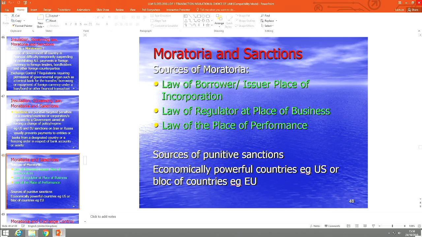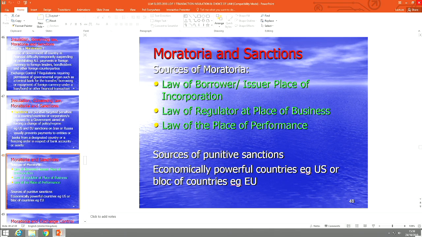Now, if you just step back a little bit before we look at sanctions and look at the rules applicable, you'll see that there is a difference if you look at the old Rome Convention rules based on close connection and the new rules under the Rome Regulation, and indeed common law rules contained in the American Uniform Commercial Code, which restricts the override to place of performance.